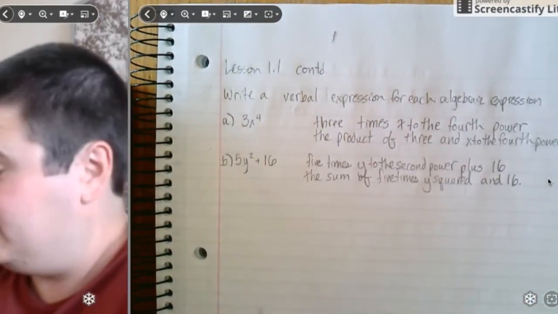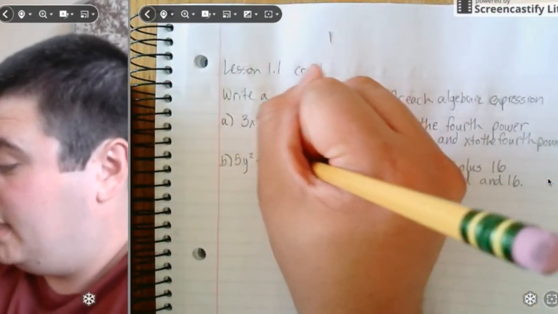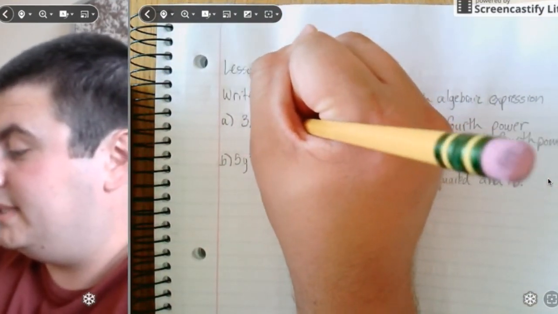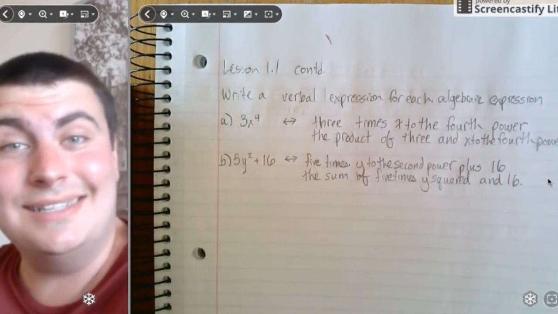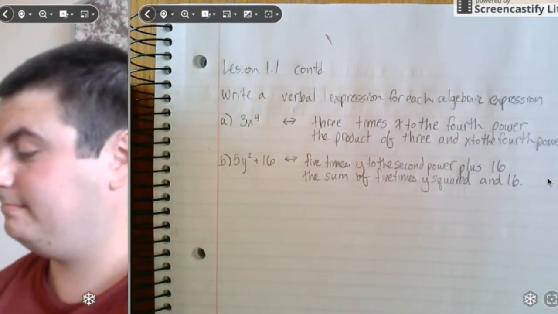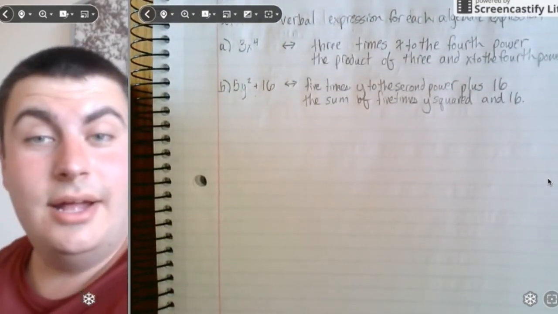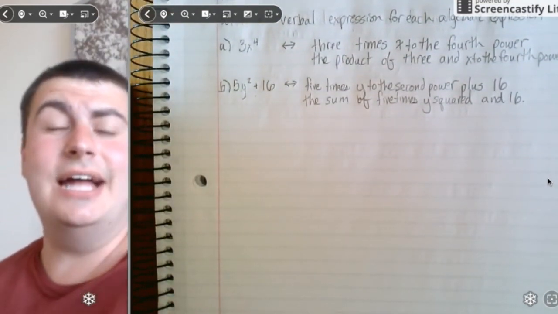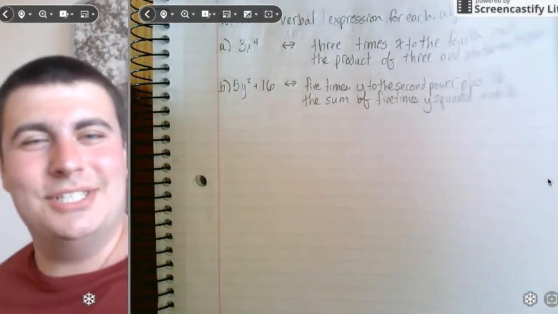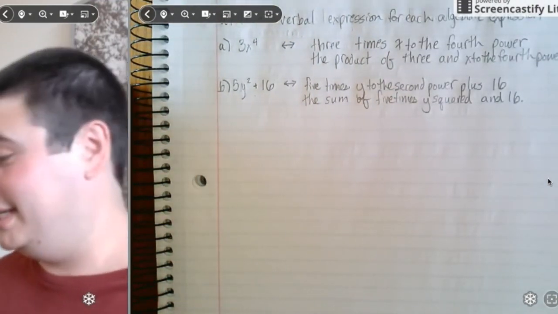So we took an algebraic expression and we wrote it as a verbal expression. Go ahead and try this next example on your own. Alright, so we've taken algebraic expressions and written them as verbal expressions. Now let's take verbal expressions and go the other way and put them as algebraic expressions.